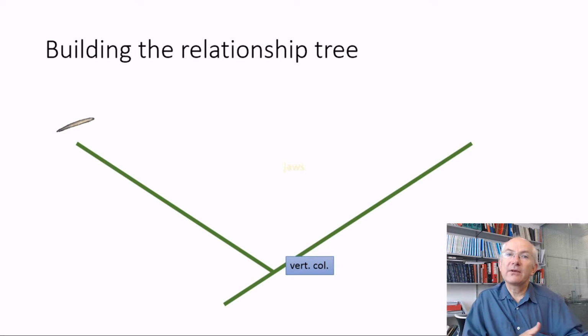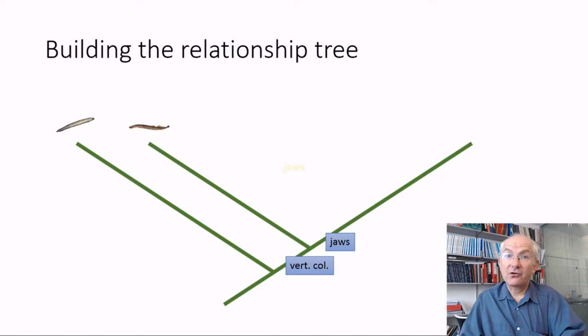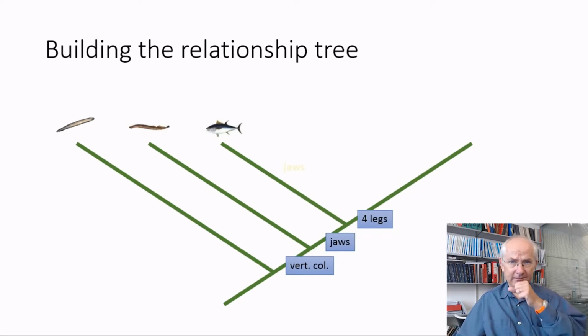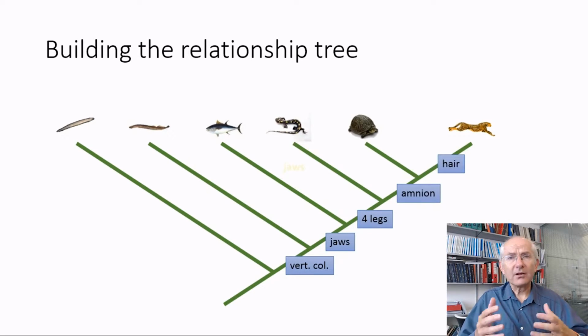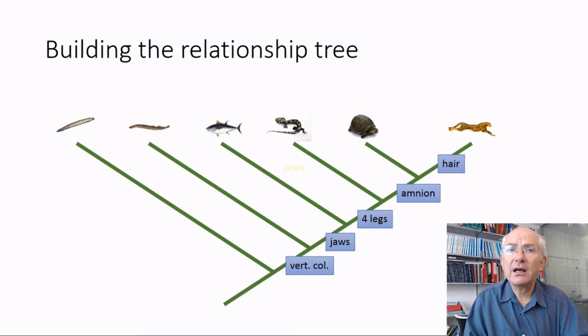If not, it's something like a lancelet. If it does have a vertebral column but doesn't have jaws, it's something like a lamprey or a hagfish, and so on. And using this, we can build up a relationship tree between our set of organisms that we can give to anybody that we like, who can identify these characters, and they will be able to label the organisms the same way that we do.